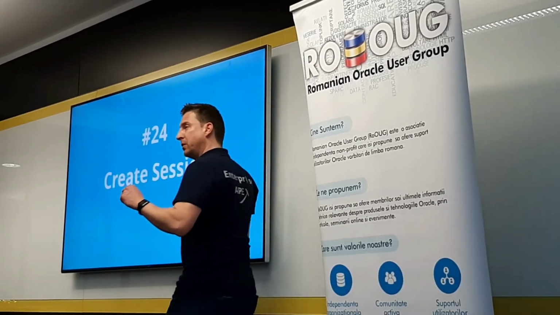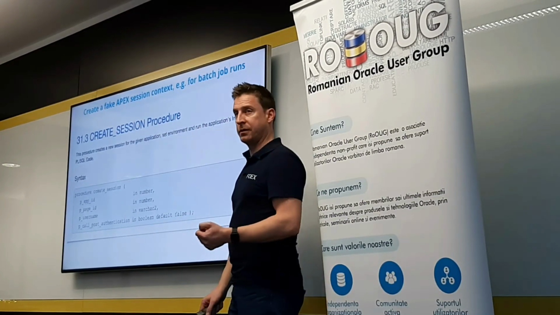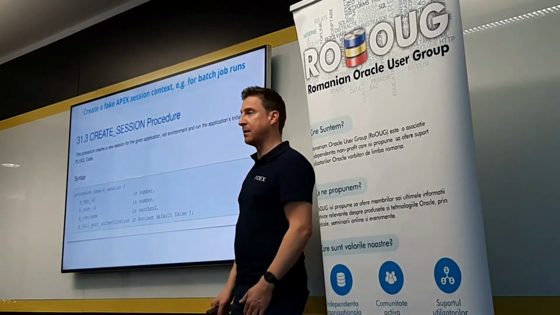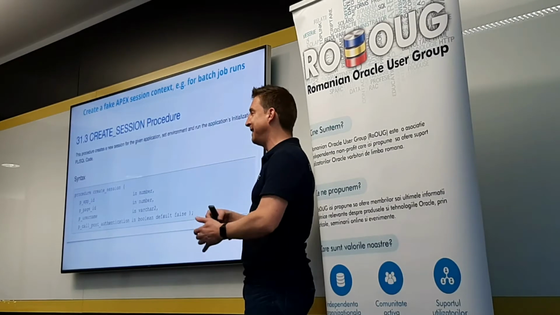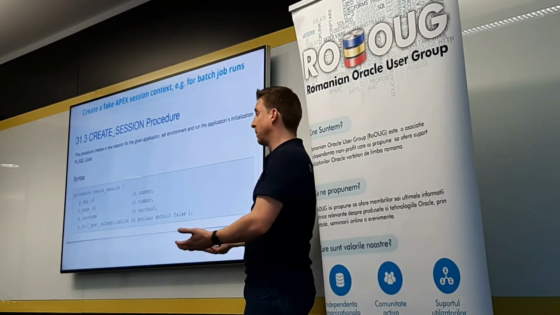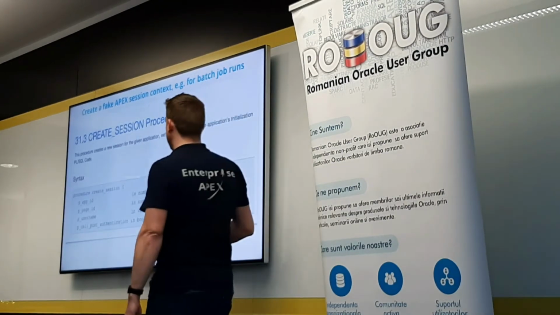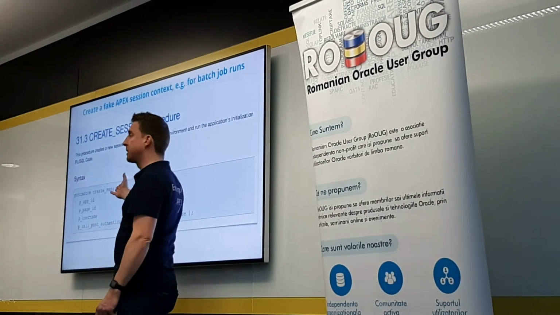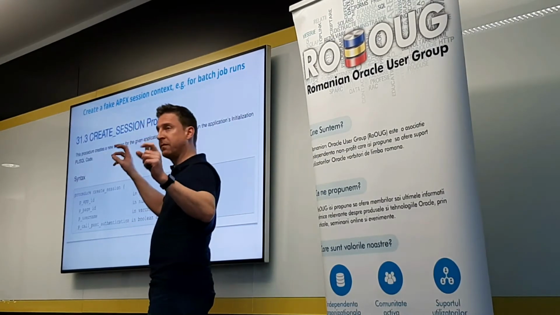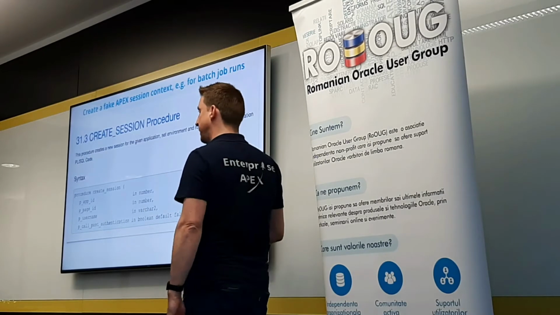What's also new, there's a new API to create a session. So if you want to use some fancy Apex stuff in a database job, like using a collection, that requires an Apex session. So you could just create a dummy session for your database job, and then you can use all the Apex APIs.